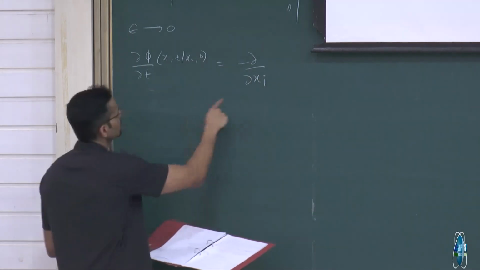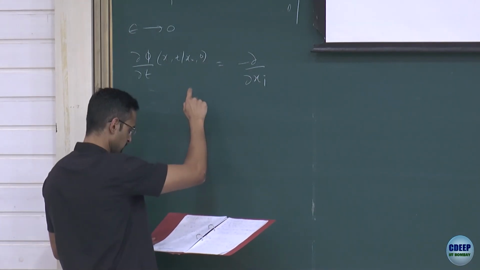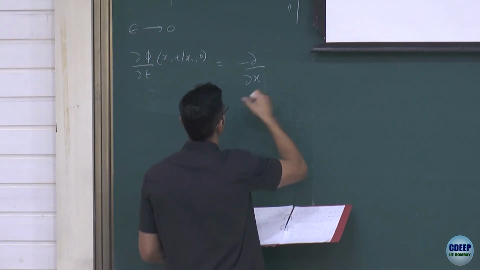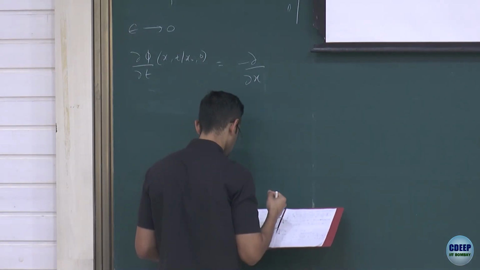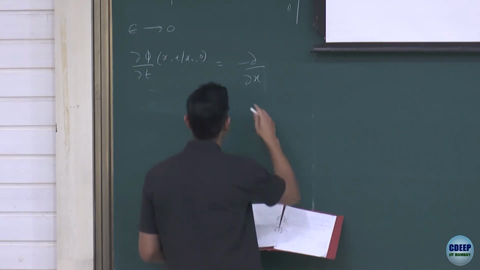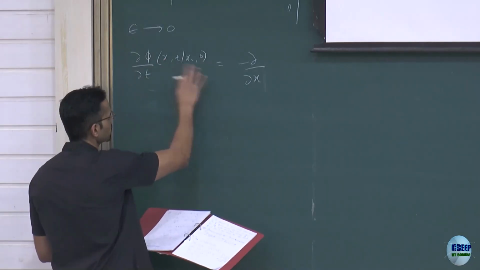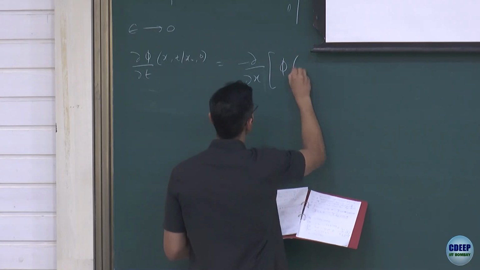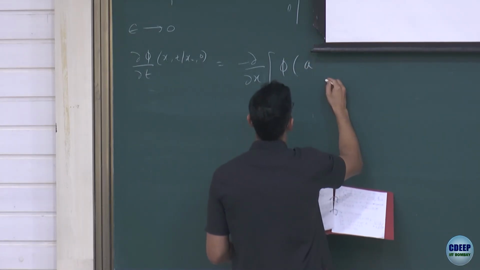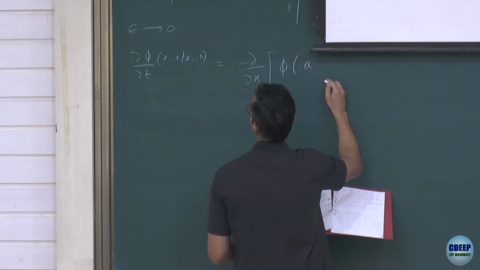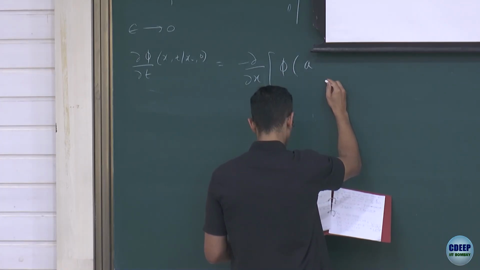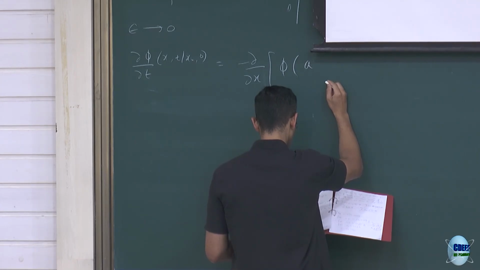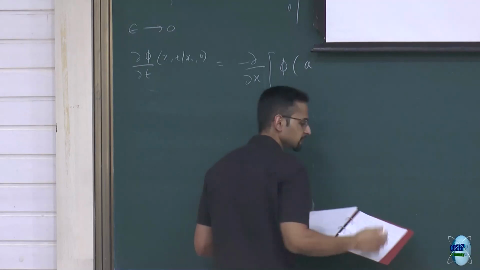So I now have dou by dou, sorry, x. So I could have generalized this to xi, but let's do x for now. I think I wrote xi, right?